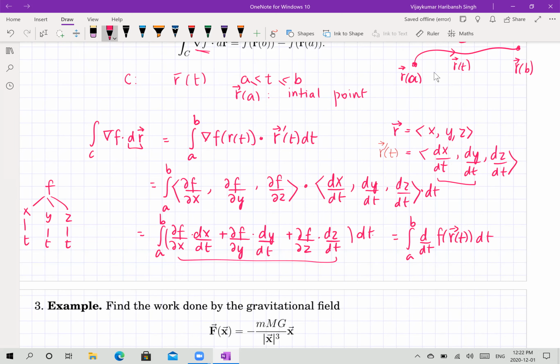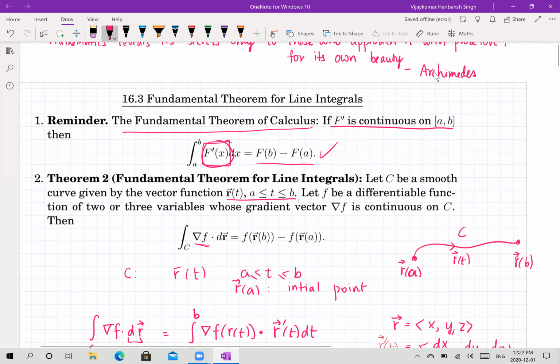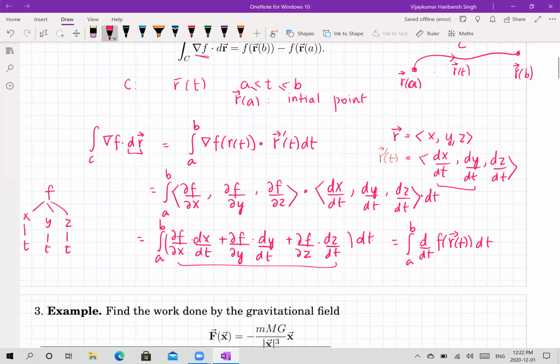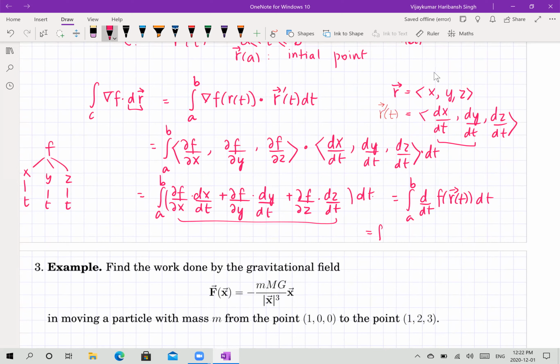Now we can apply the fundamental theorem of calculus from here. If we apply this fundamental theorem, we get f of r(b) minus f of r(a). So that is how we compute this line integral.